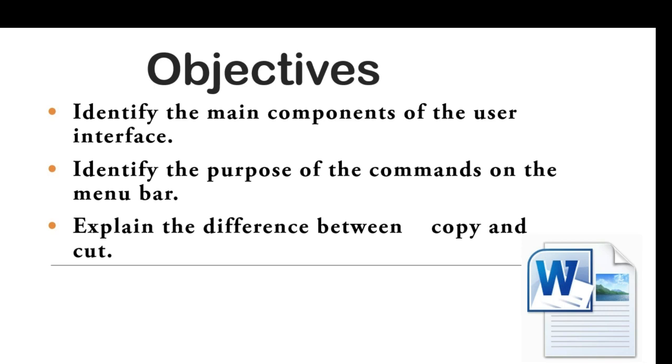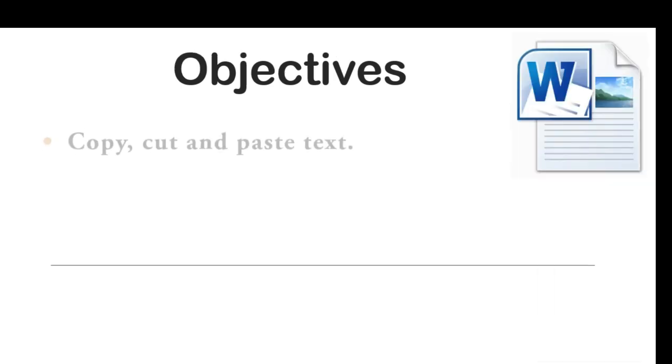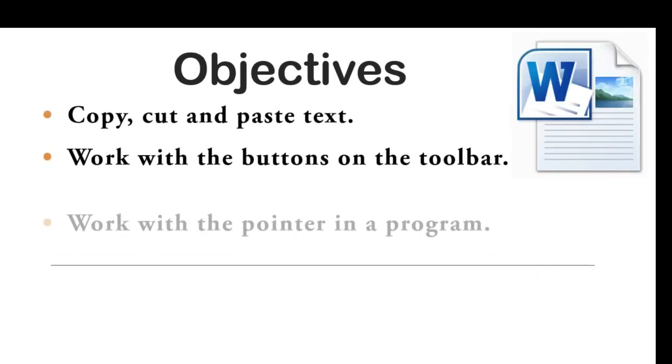When we look at the menu bar, we look at the purpose or importance of those commands. Now we also explain the difference between copy and cut. When we talk about copy, what does it mean? And when we talk about cut, what does it mean? And also we shall be looking at how to copy, cut and paste text in your Word document.